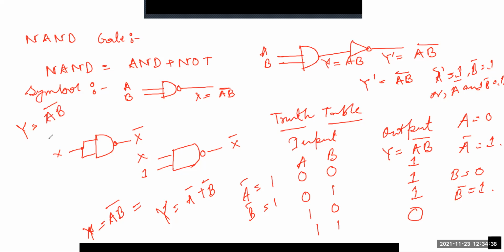Now we see that it can perform the OR function, so from this expression we can write A bar plus B bar. This is also an expression for the NAND gate. So this NAND gate is equivalent to a bubbled OR gate, and this bubbled OR gate is actually called the negative OR gate.